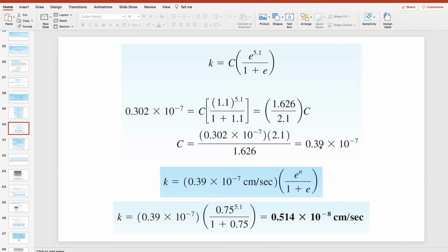So having said that, substitute it in your K, then we will be having 0.514 times 10 raised to negative 8.